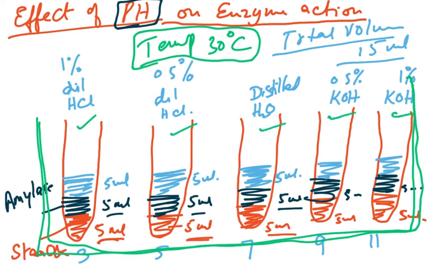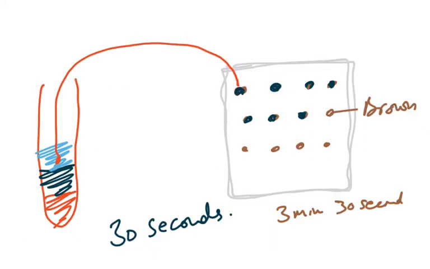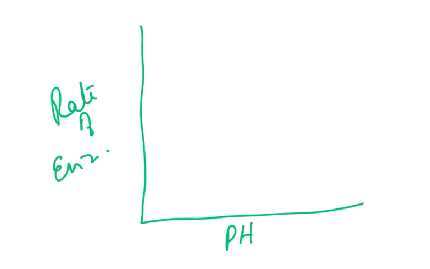So you would then use the data to plot a graph. And on the graph, you would have the pH, which is the independent variable, on the x-axis. And the rate of enzyme action would be on the y-axis. And you would get a graph something like this.